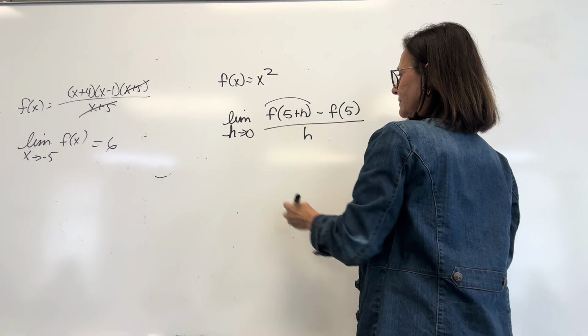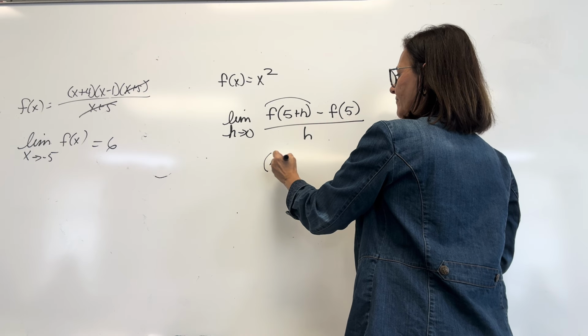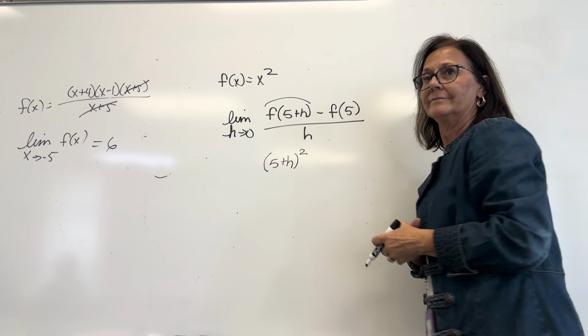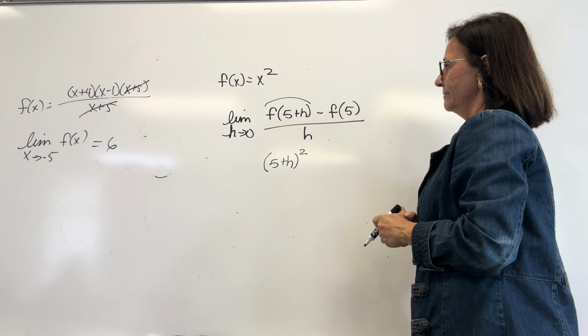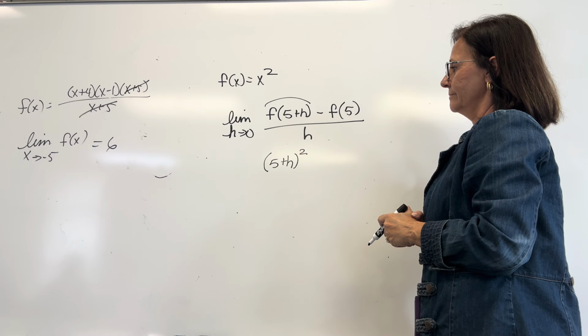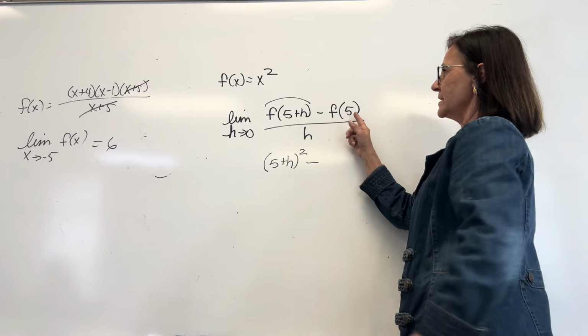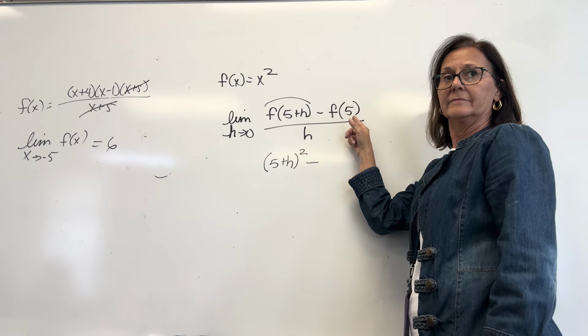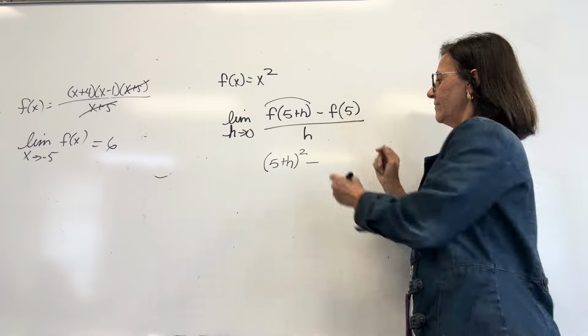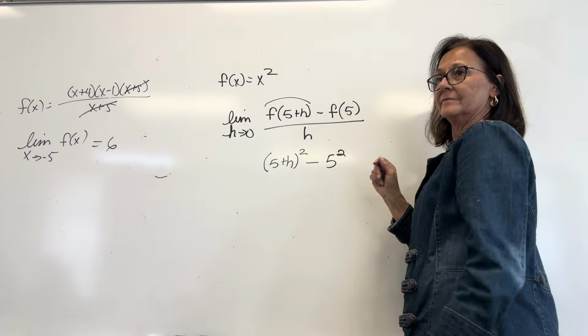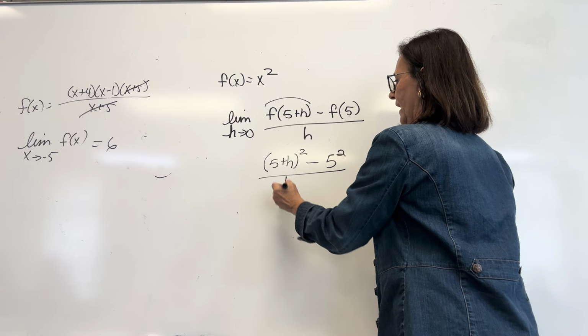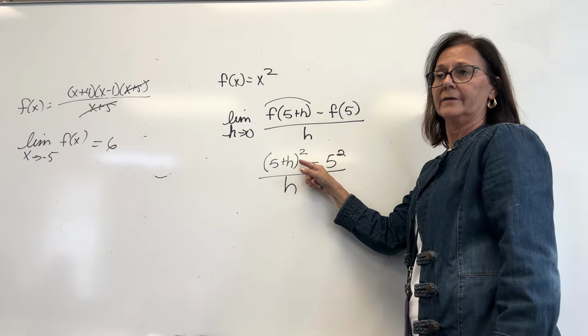This is 5 plus h squared. Minus, what's f of 5? 5 squared. All over h.